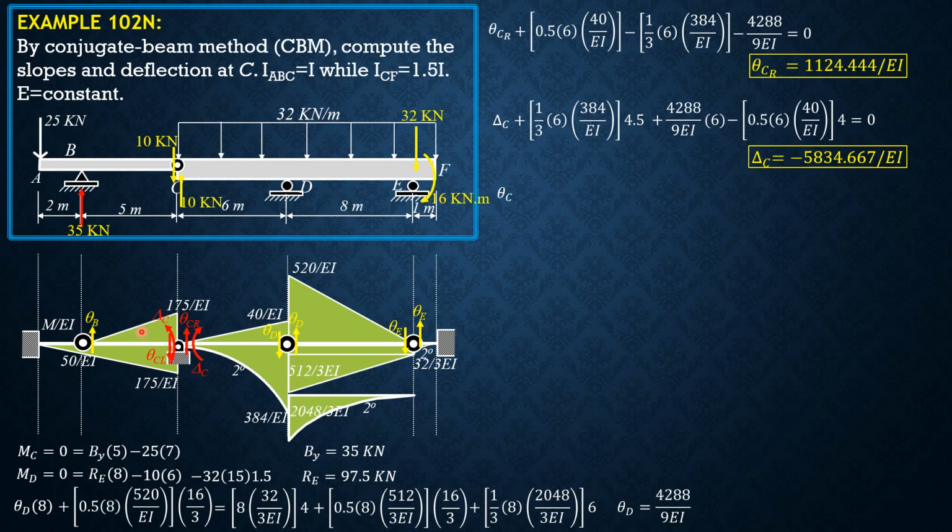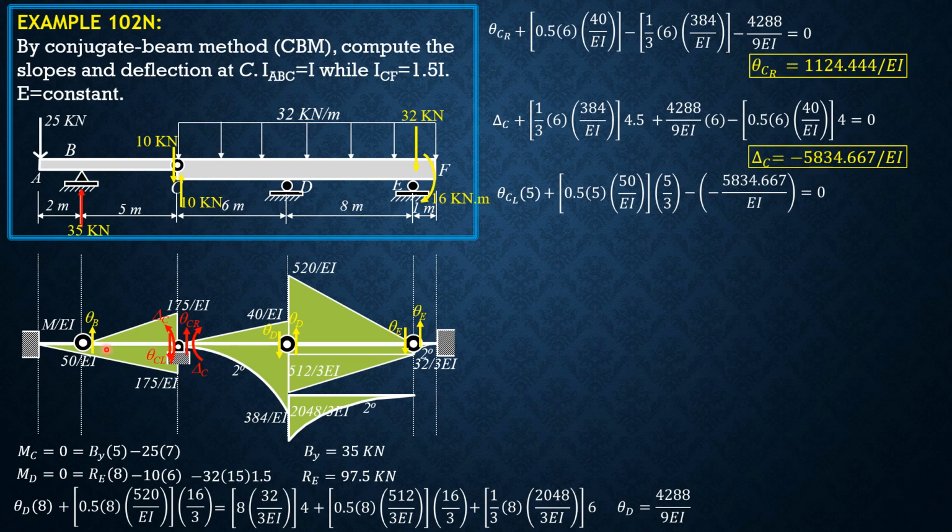One is above the beam, 175 over EI, and one is below. They have the same distance from the left, so we will ignore this triangle and the identical triangle in this trapezoidal figure. So we will only consider this triangle with length 5 meters and height 50 over EI.